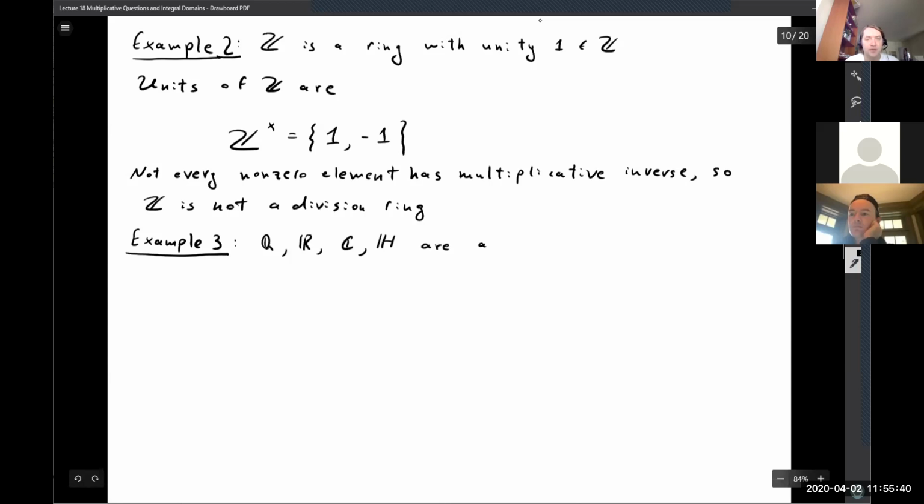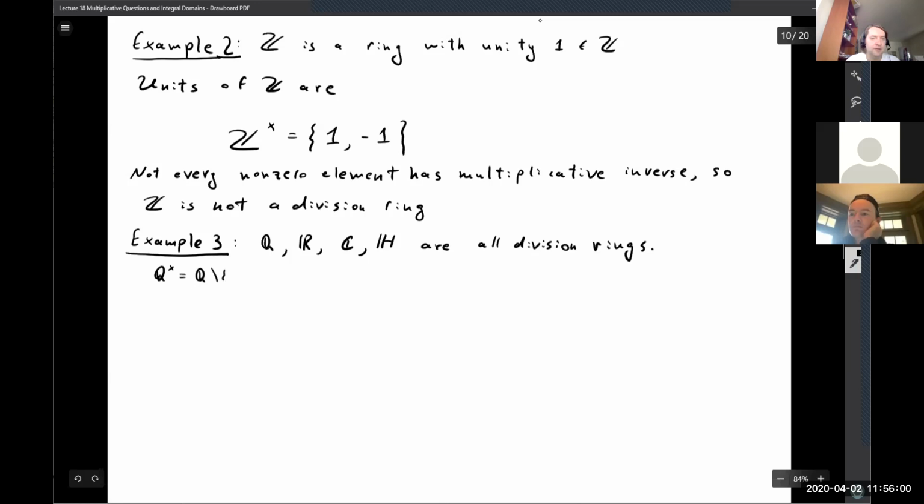So the multiplicative subset of Q is basically Q minus 0.